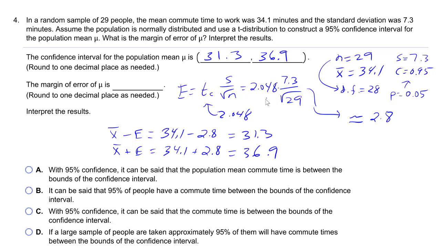And we had found that our margin of error was about 2.8. All right, and that means that with 95% confidence, it can be said the population mean commute time is between the bounds of the interval given.